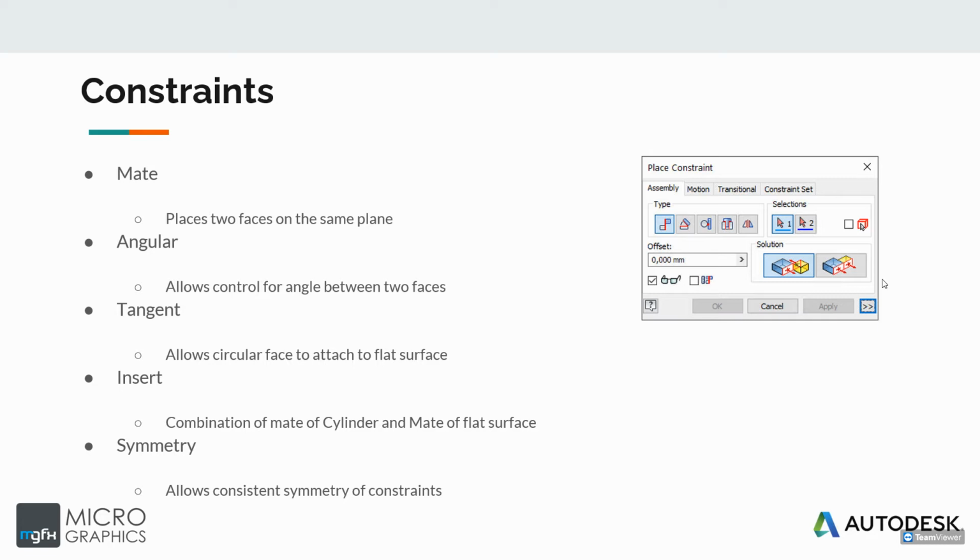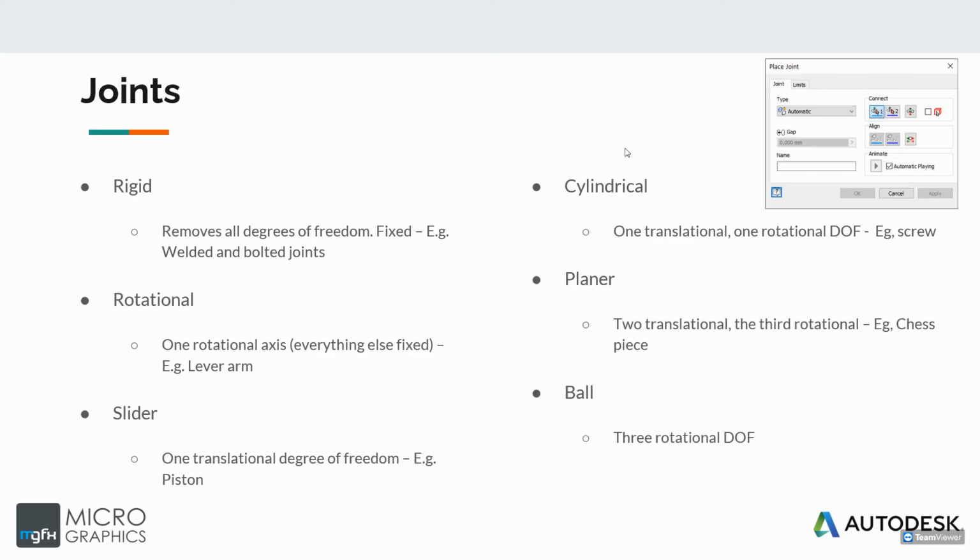It will ask you to choose a flat surface, and it will detect a perpendicular cylindrical mate. I'll show you exactly how that works in the demo. Lastly, we have symmetry, which allows a consistent distance between 2 faces that you may select with a reference plane. I also have an example of that, and we will show you how it's useful.